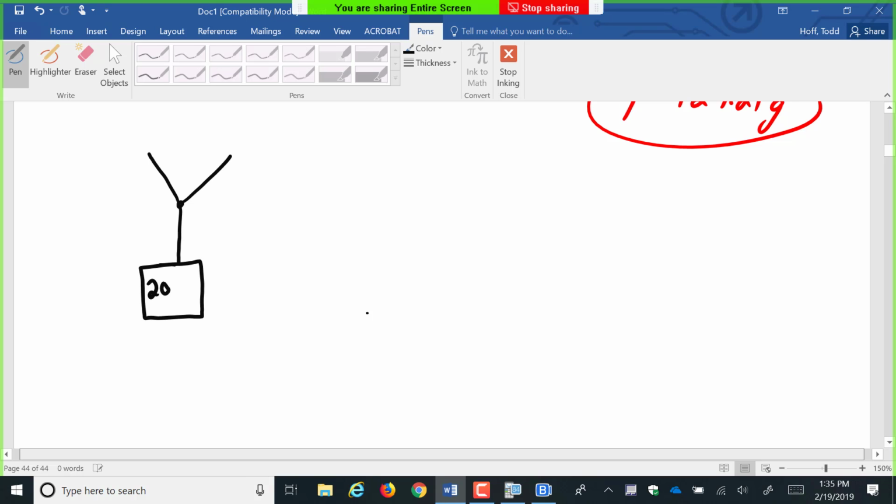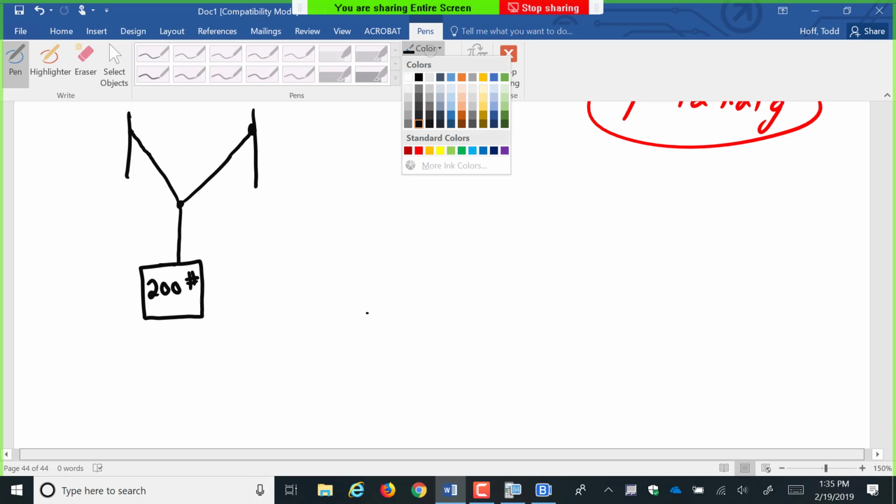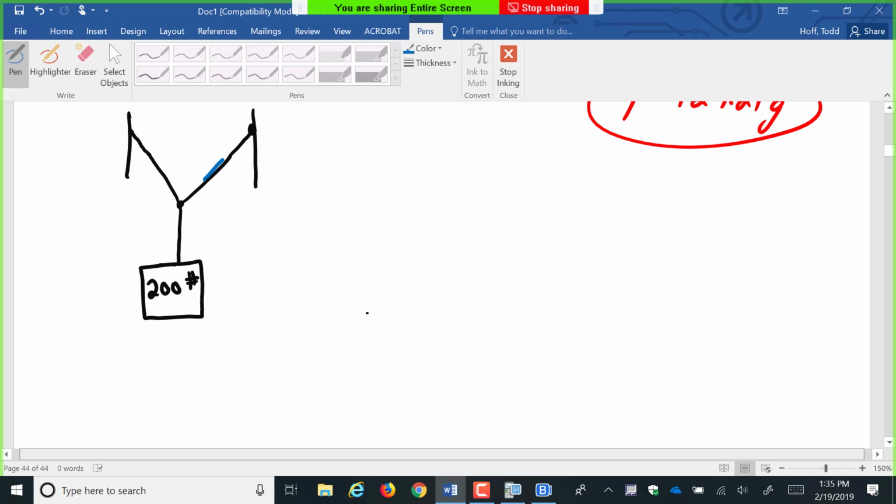Let's say we have a 200-pound weight that's hanging, and I want to know how much force is on each of these ropes.